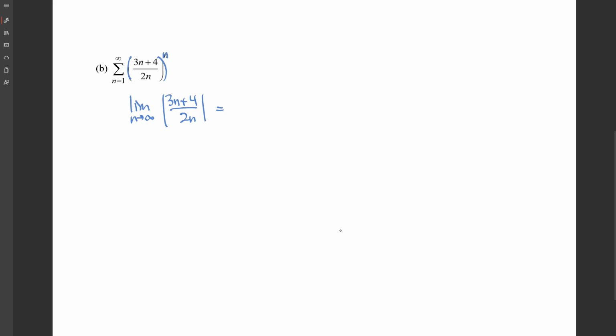The limit of this is actually 3/2, and you compare that to 1. This is greater than 1, so therefore this series will diverge by root test.